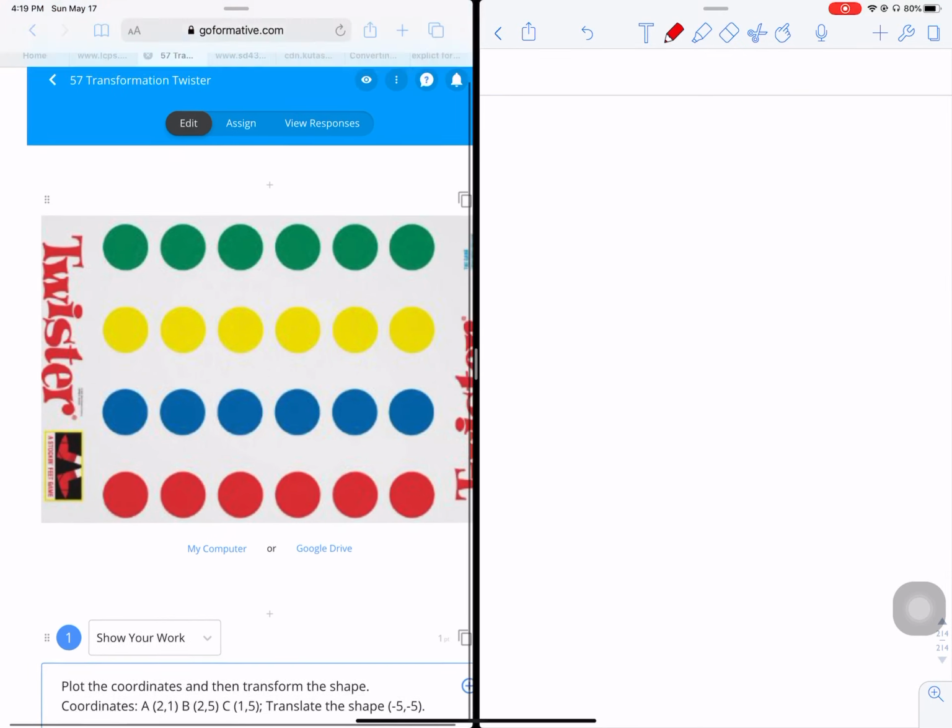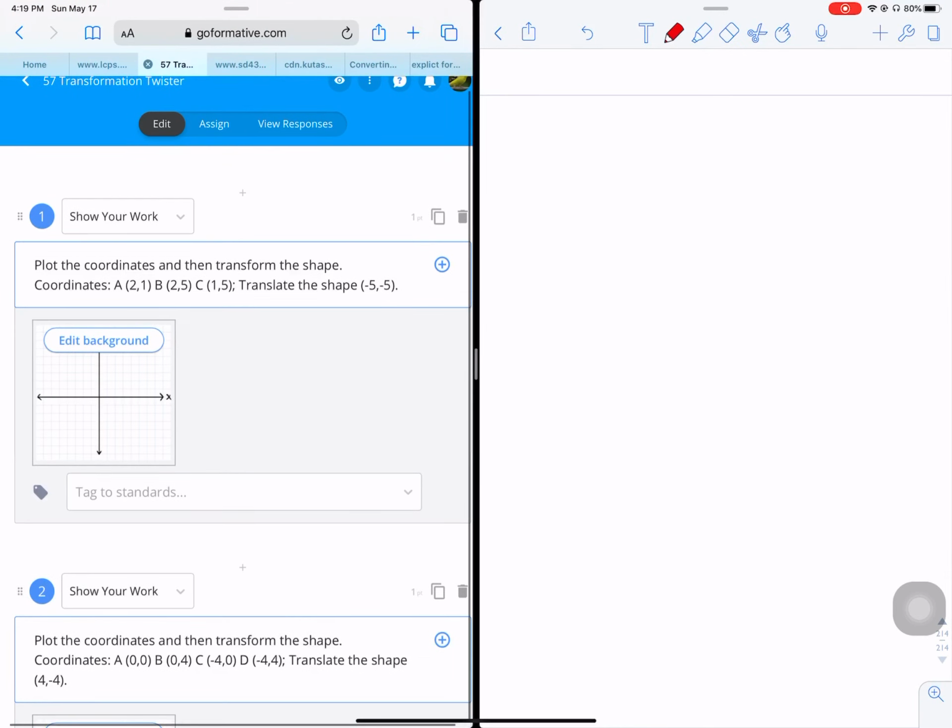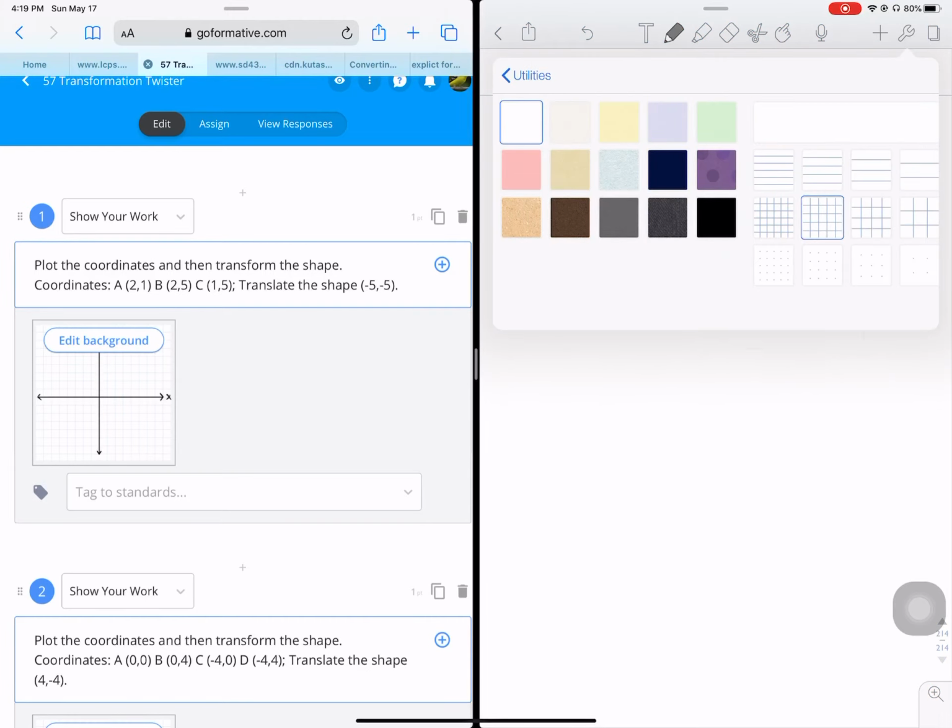Transformation twister is basically you plotting coordinates and then you moving that shape. Okay. Paper, boom.